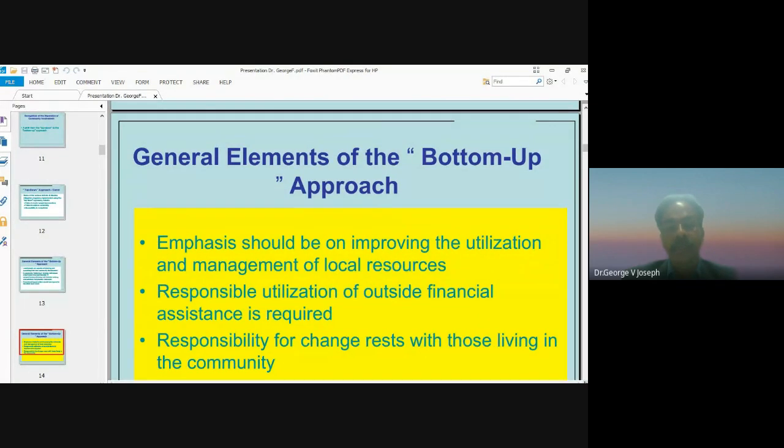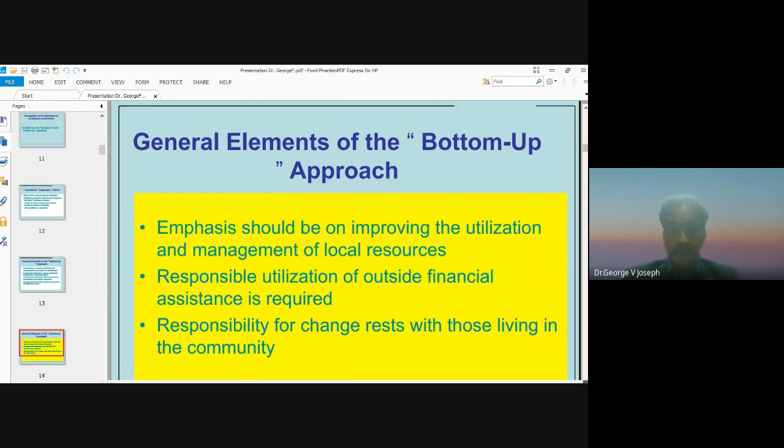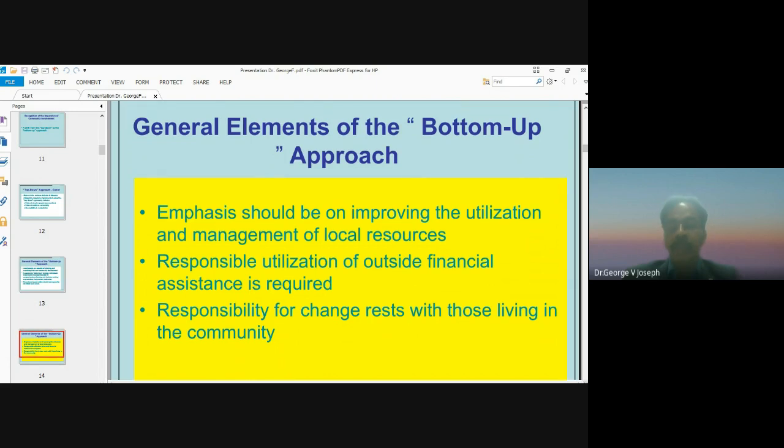Again, it will increase employment opportunities and financial assistance to the people. So this again will reduce the vulnerabilities. Responsible utilization of outside financial assistance is also required. If you depend too much on outside resources, this is going to increase the vulnerabilities, such as a debt trap and things like that.